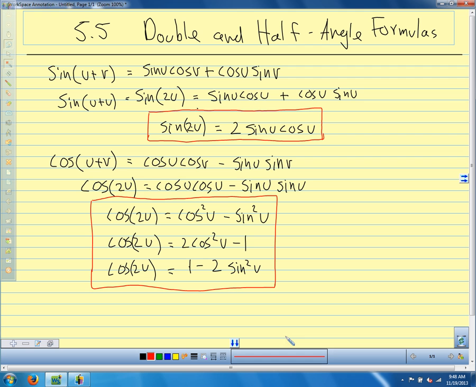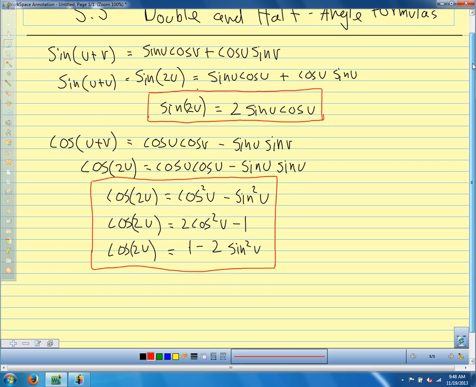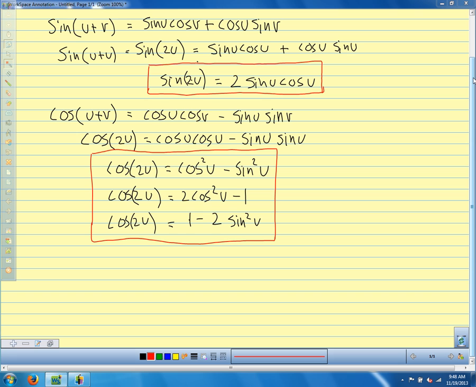And I can go through a similar process with the tangent. I would use a tangent sum formula, substitute u in twice, and I can write the formula for the tangent of twice an angle. I'm not going to go through the process like we did here, but it comes from the same place. So I can write that the tangent of 2u is 2 tangent u over 1 minus tangent squared u.